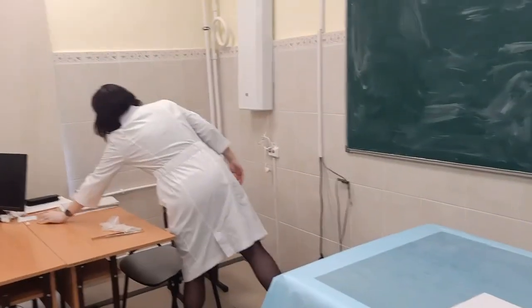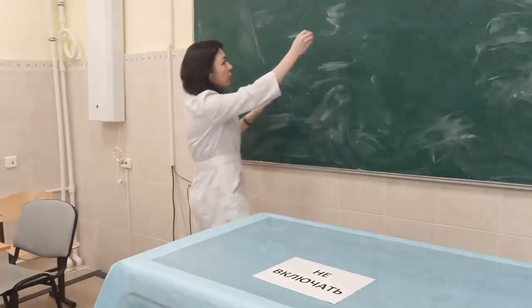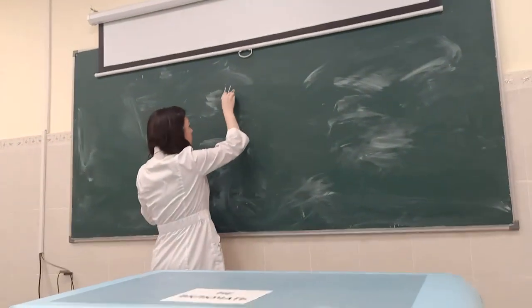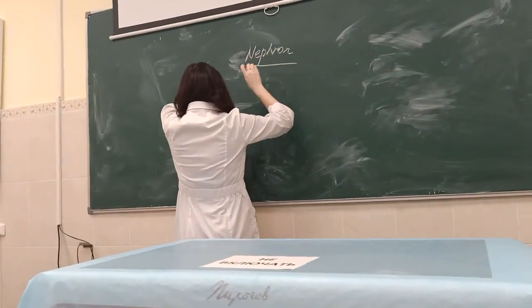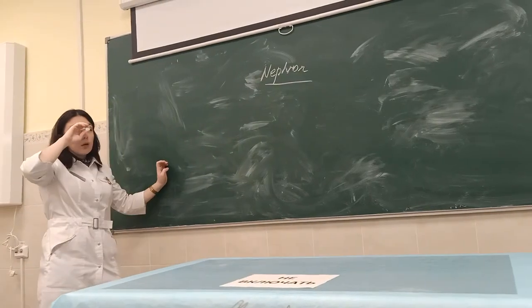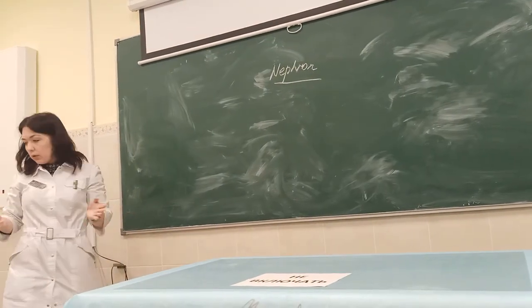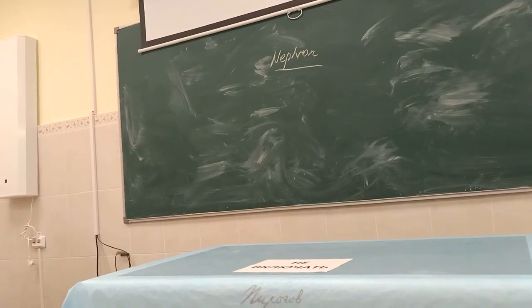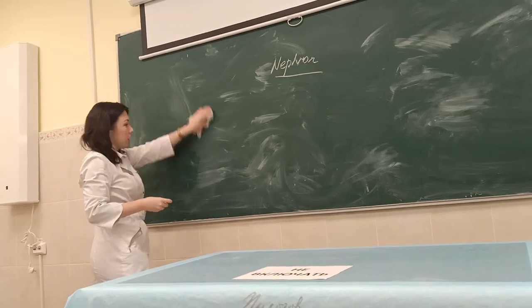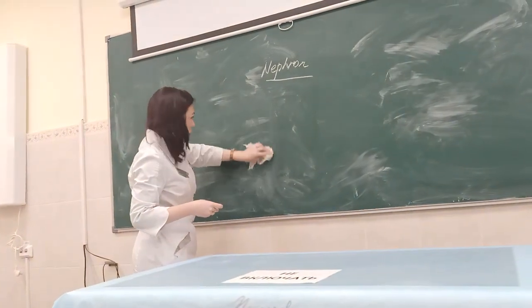Now please take the morphofunctional unit of the kidney. It is the nephron. The morphofunctional unit is the smallest part of the organ that can perform all of its functions. So the nephron can perform all of the functions of the kidney.